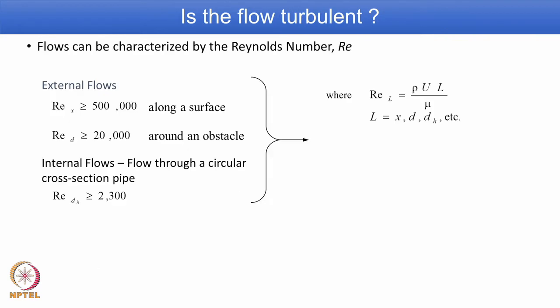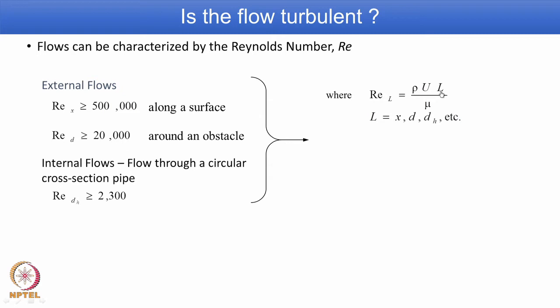Now, flows can be characterized by the Reynolds number, we already know, and in the Reynolds number definition shown here, rho U L by mu, one has to carefully interpret what is U and what is L. U is a velocity scale and L is the length scale.